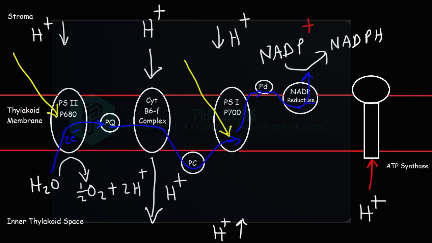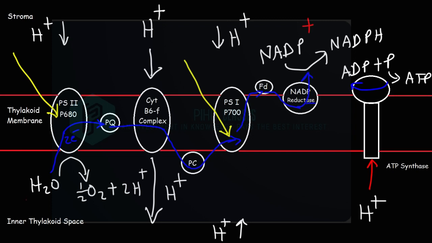As those hydrogen ions flow through the enzyme, this protein will rotate in such a way that it's going to combine ADP and phosphate to make ATP. So that's how the electron transport chain works in photosynthesis.